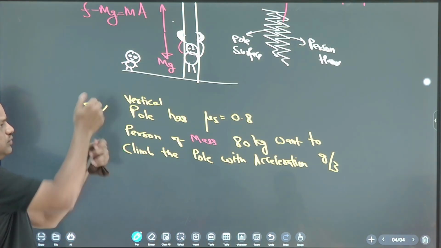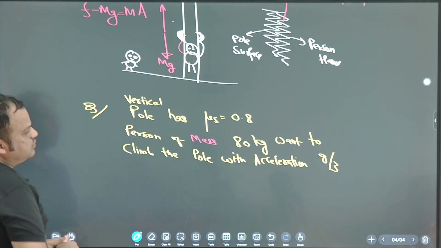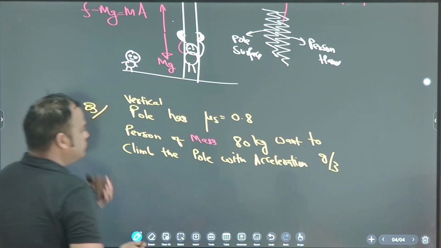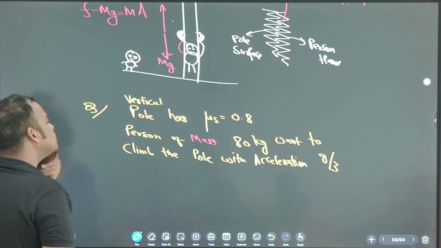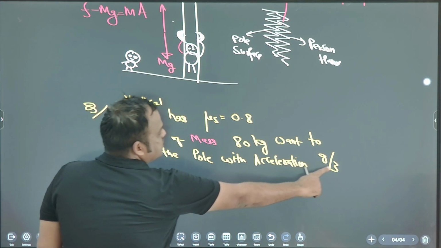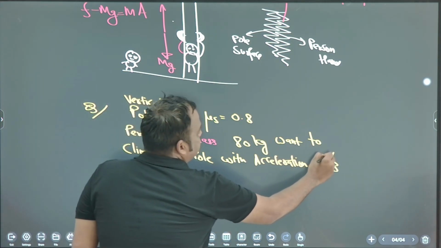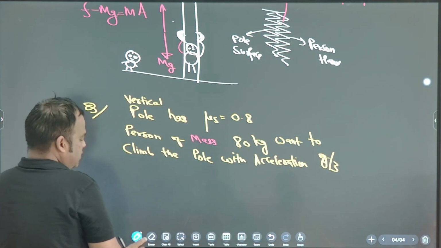Okay, hold the pole like this, climbing. So climb the pole with acceleration g by 3. Acceleration g by 3.